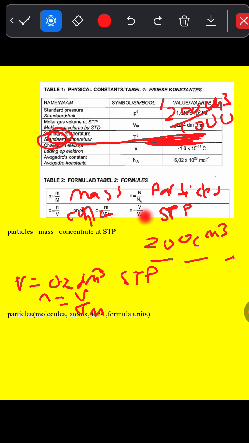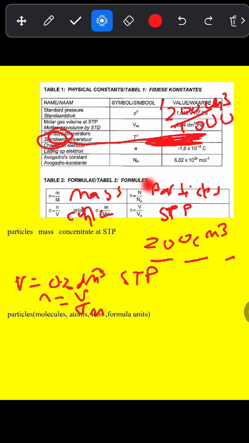Then after getting the number of moles, I use those moles in this formula to get the number of particles, or the number of molecules of carbon dioxide.